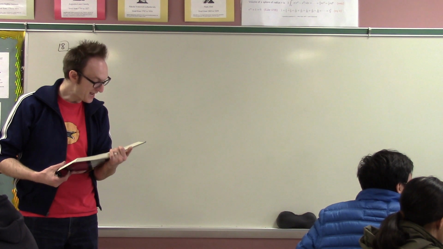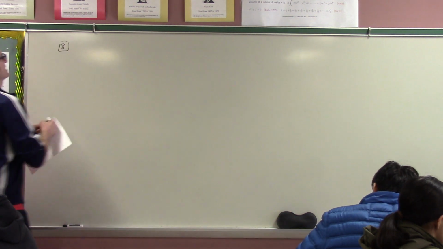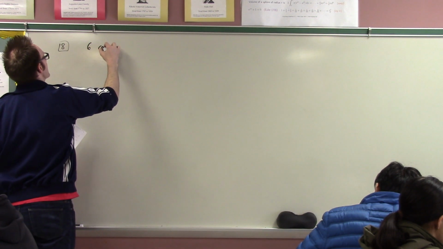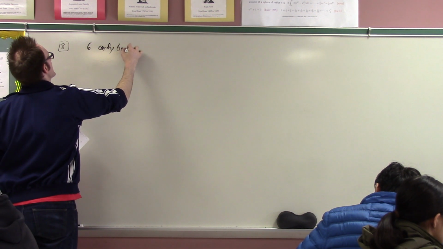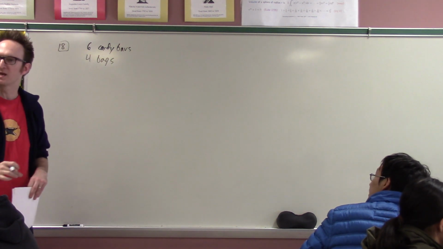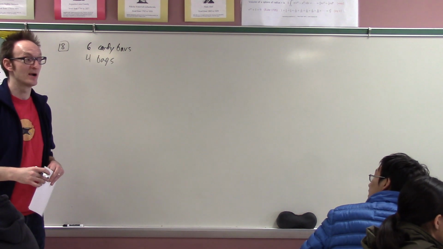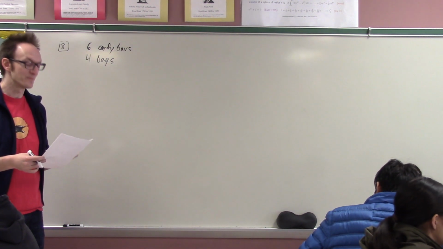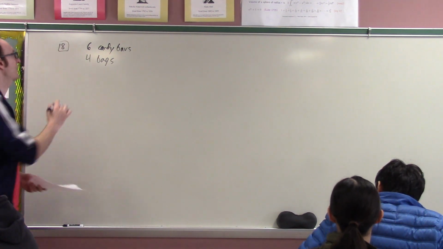But wait, how many candy bars do I have? I have 6 candy bars, and there are 4 bags. But does every kid necessarily get a candy bar? Maybe not. So let's do the problem in 2 ways.